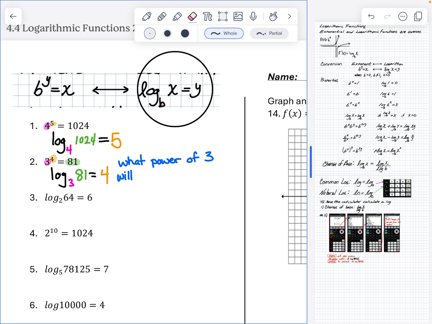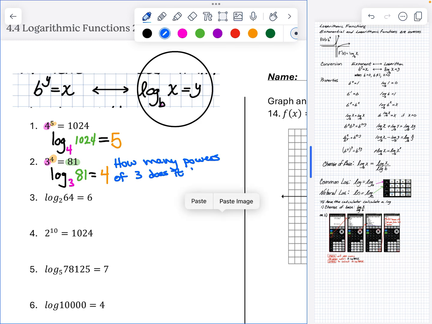Or how many powers of 3, maybe that would be the better question. How many powers of 3 does it take to get to 81? That's what a logarithm asks.